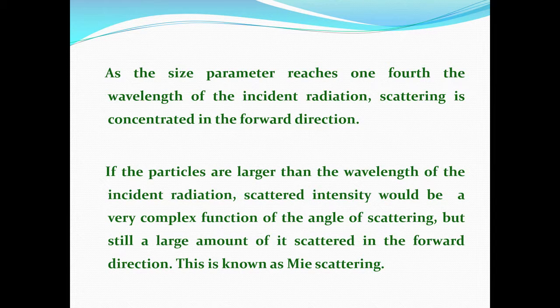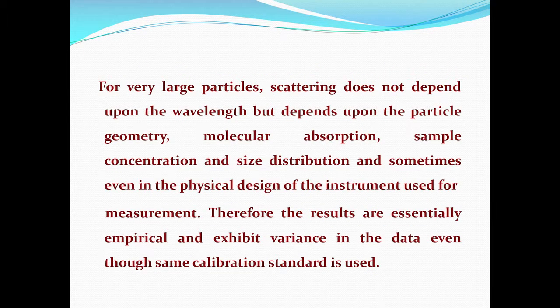So, Mie scattering permits one to use turbidimetry as a monitoring method, provided the precipitates are colored and scatter in the UV visible region. For very large particles, suppose they really concentrate and do not move around, the scattering does not depend on the wavelength.